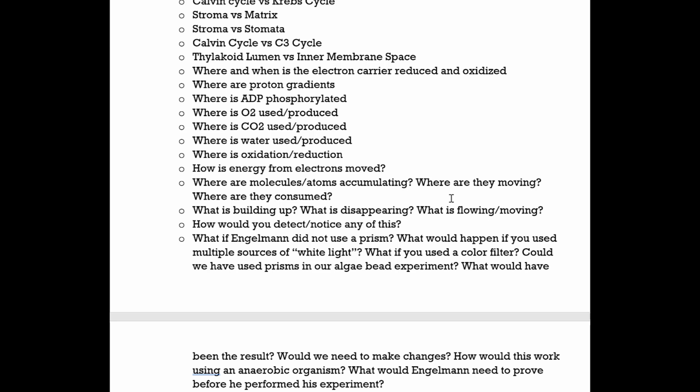Those are not electrons flowing, it is energy flowing. We have electrons disappearing from, or being ejected from, P700 and P680, and those are the chlorophyll A molecules that are in the reaction center of the photosystems.